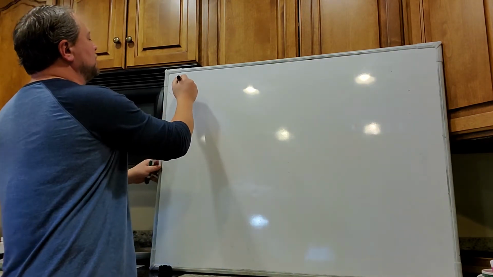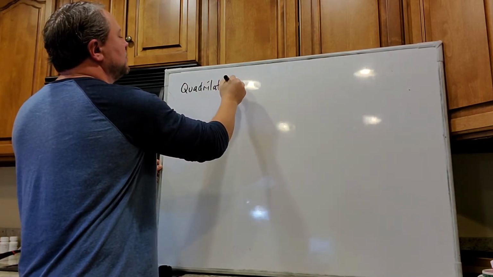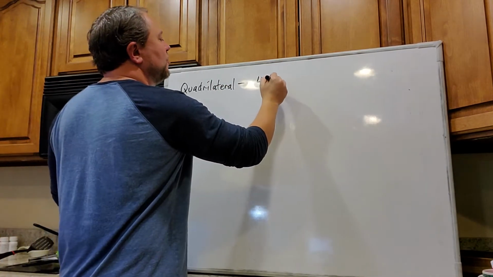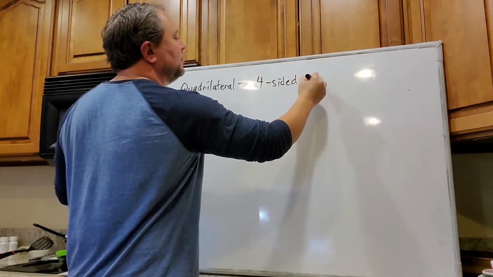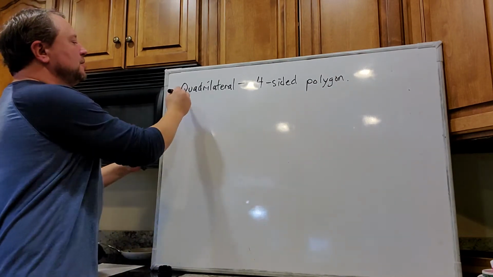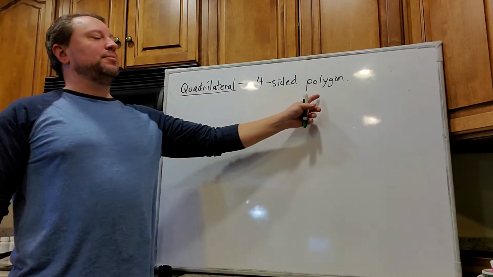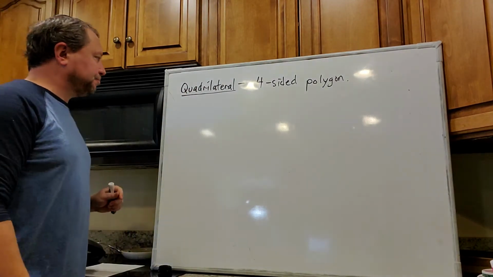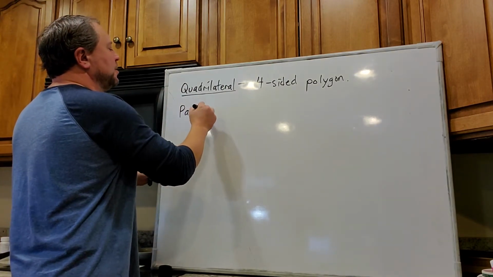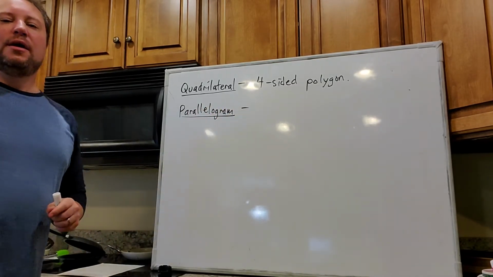Let's start first of all with just a formal definition of what a quadrilateral was. Okay, a quadrilateral is simply a 4-sided polygon. We've talked about before what a polygon is. So in order to be a quadrilateral, it has to simply be a polygon that only has 4 sides. Then today, like I said, we're going to focus on the parallelogram. So let's give you a definition of that as well.